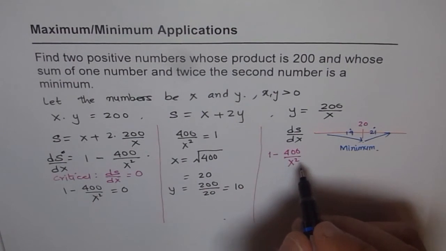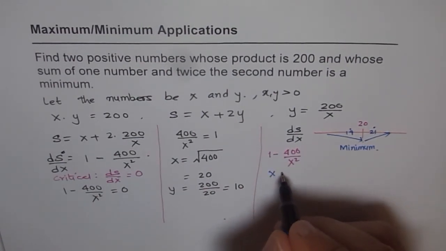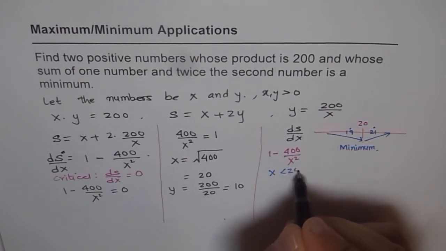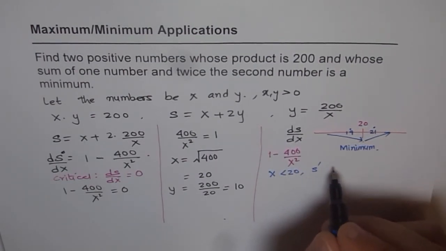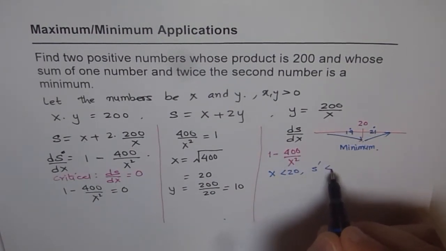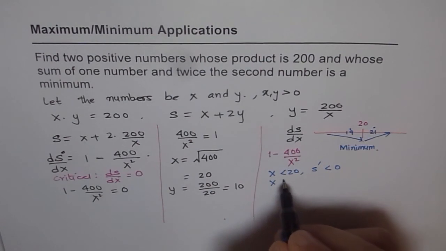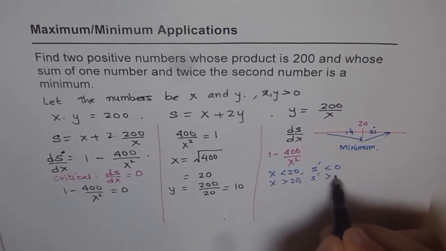So what we are trying to say here is that if x is less than 20, in that case s dash is negative, less than 0. If x is greater than 20, in that case s dash is greater than 0, right?